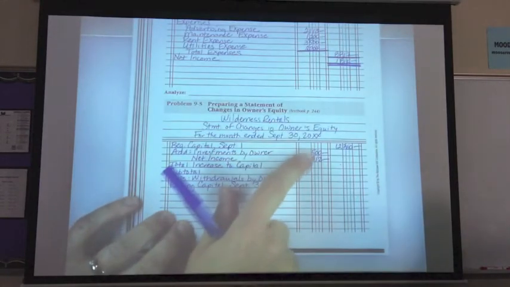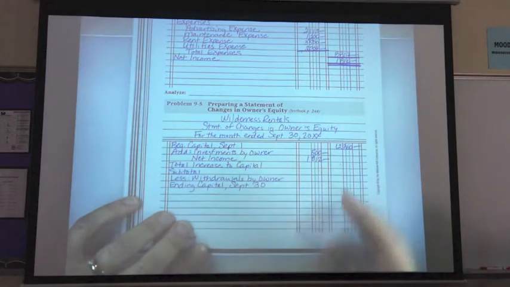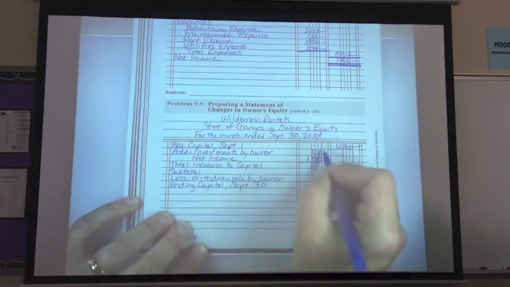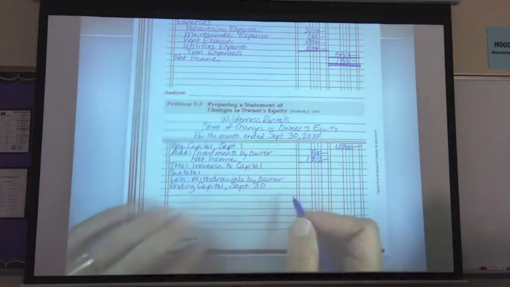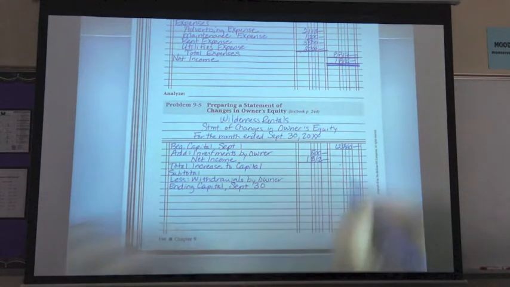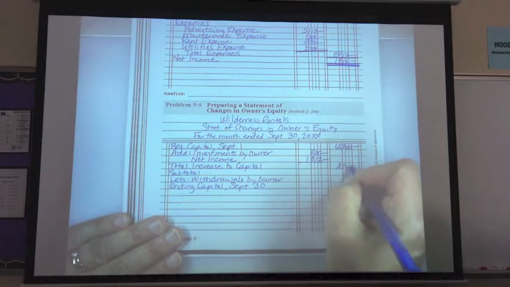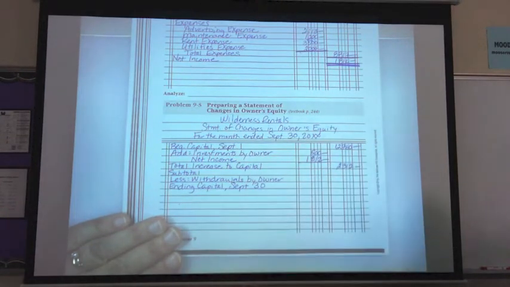Because those two don't represent the totals individually, they have to be added together. We're going to draw a single rule, and they were listed on the left-hand side. And we're going to calculate our total increase to capital, which totaled out to be $2,312. Because that's our total increase, we bring it all the way over here to the right-hand side.